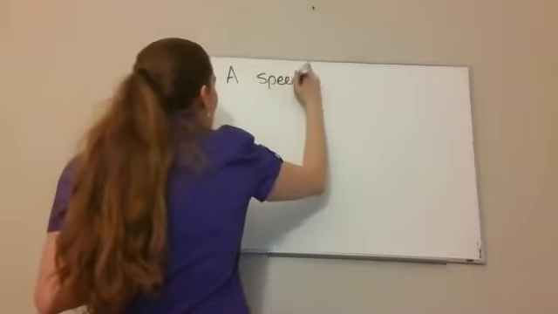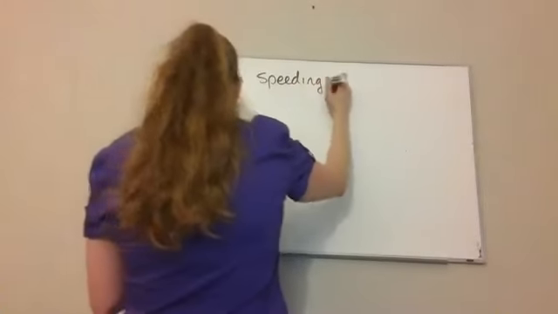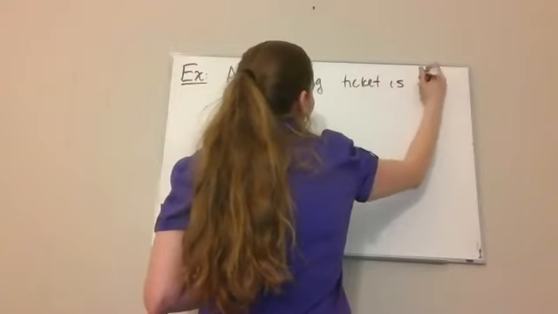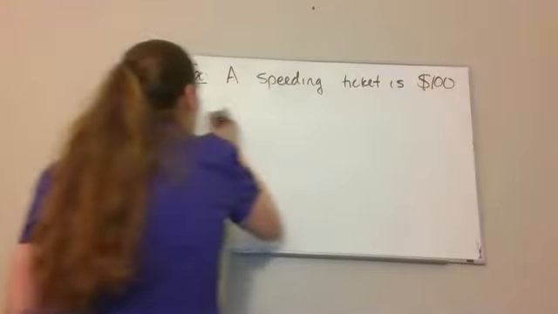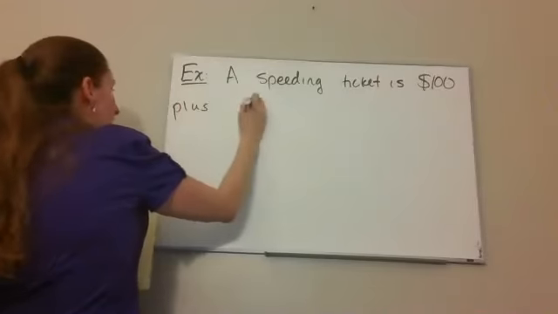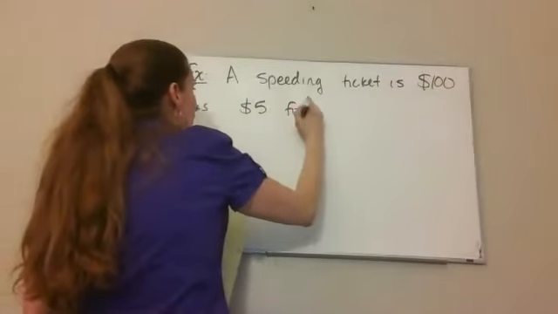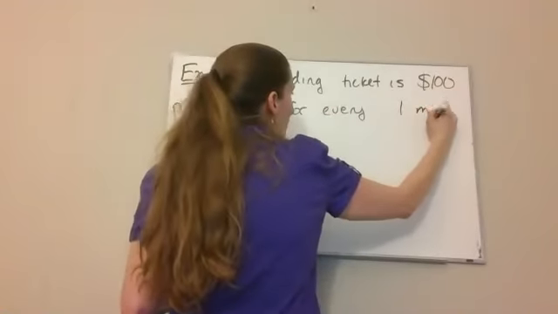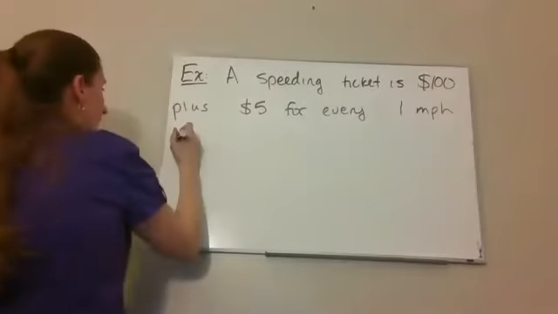So the example says that a speeding ticket is $100 plus $5 for every mile per hour, so every 1 mile per hour over the speed limit.